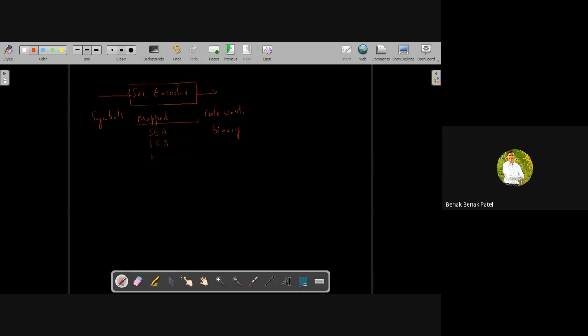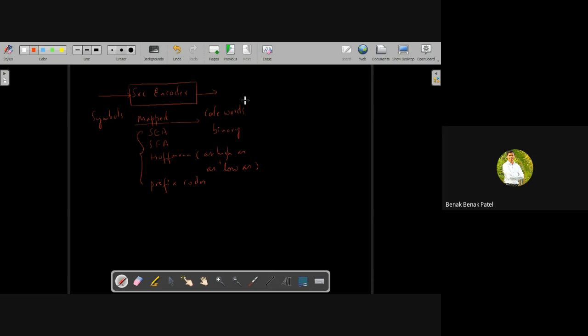We also went through Huffman coding, and along with that, we also went through something called prefix code. So all these are different algorithms that can be used to map symbols to code words.